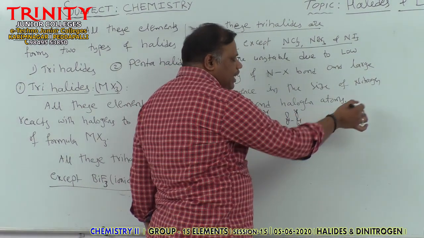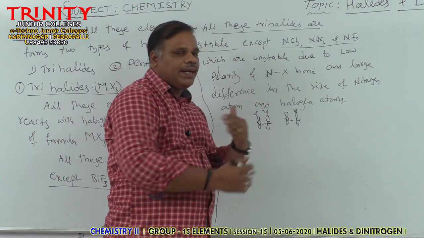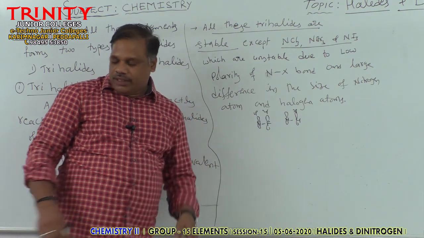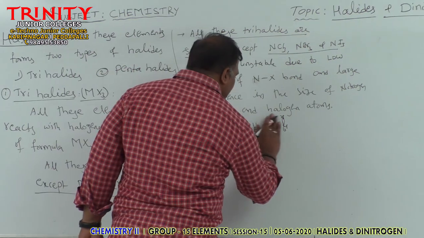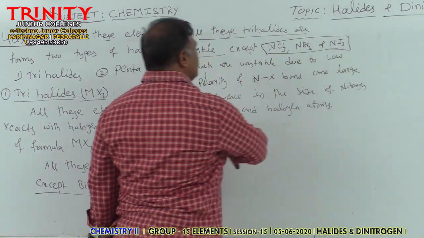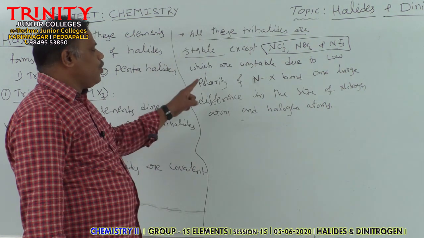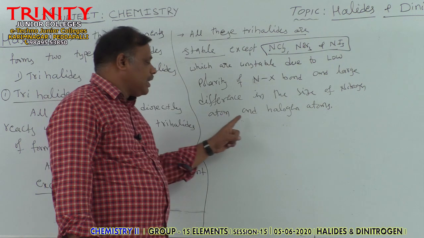In NBr and NI, as the size of the halogen atom increases, stability decreases. That's why NCl3, NBr3 and NI3 are unstable. Only these three are unstable due to low polarity of the N-X bond and large difference in size of nitrogen and halogen atoms.